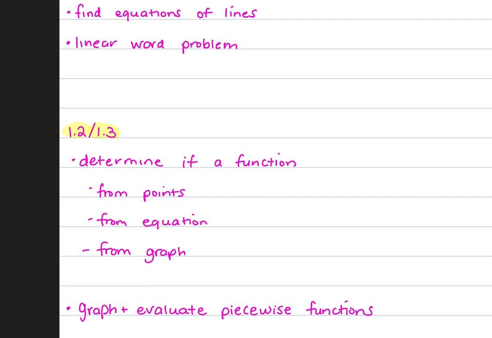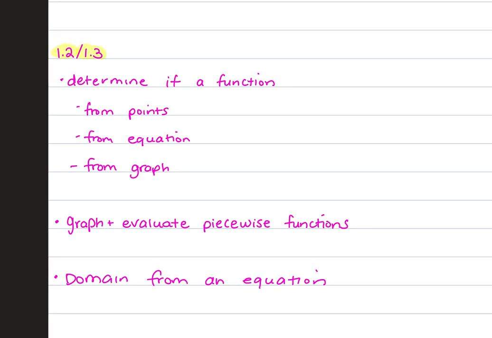All right, 1.2 and 1.3 I kind of put together because some of the function stuff overlapped. So in 1.2 we talked about what a function was. We figured out if it was a function based on points or an equation, and then in 1.3 we did the graph. So if it's a point, the x cannot repeat with a different y.